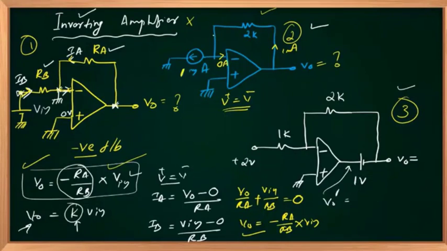No other way. 1 milliampere should flow through that 2K resistor. By Ohm's law, the voltage across the resistance will be current multiplied by resistance. 1 milli multiplied by 2K, milli and K get cancelled. I will have 2 volts. What is the polarity? Plus, minus.